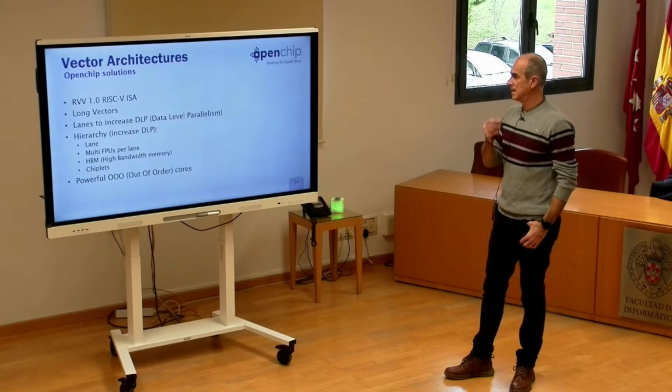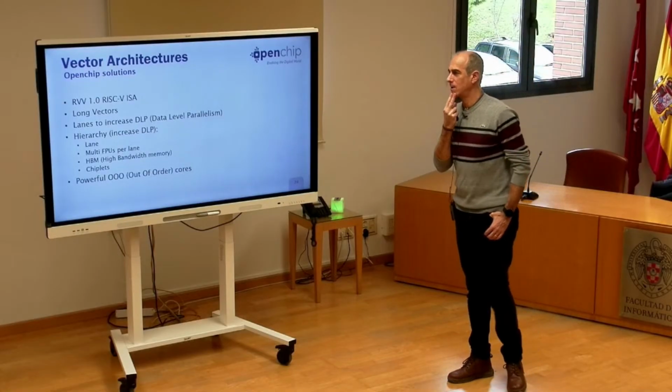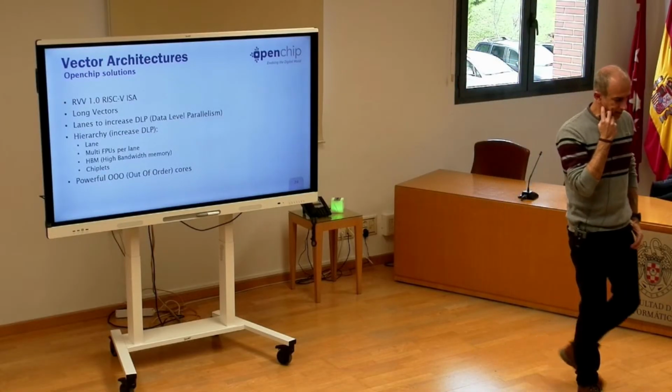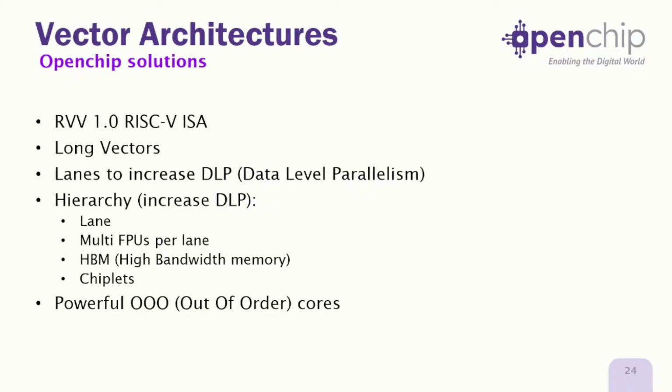Okay, so what are we working on in Openchip regarding the vector architecture? Of course, we are using the latest available RISC-V extension, which is RVV 1.0. We use long vectors, as long as we can. We use the concept of a lane to increase data-level parallelism, and also some hierarchy improvements to have a higher level of data parallelism.